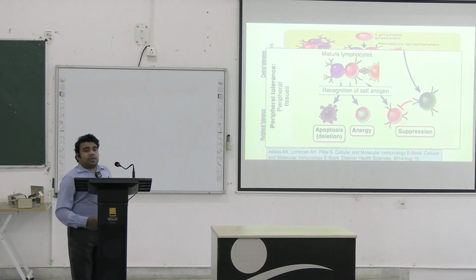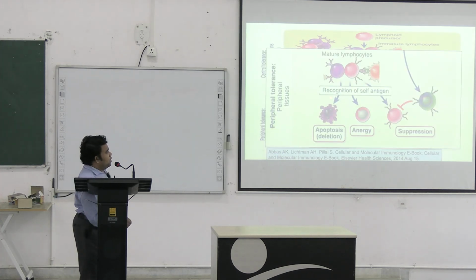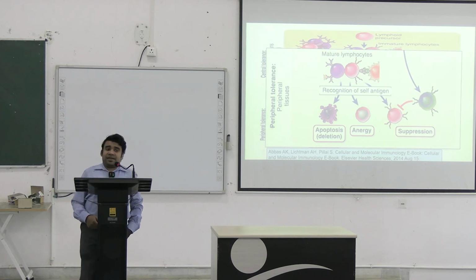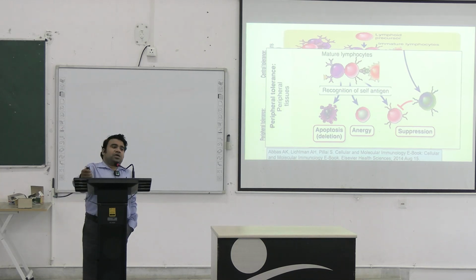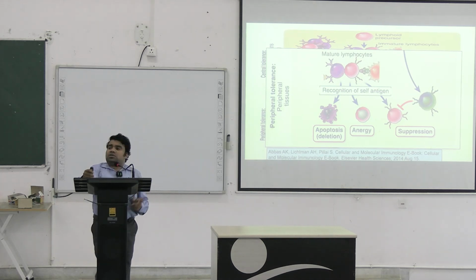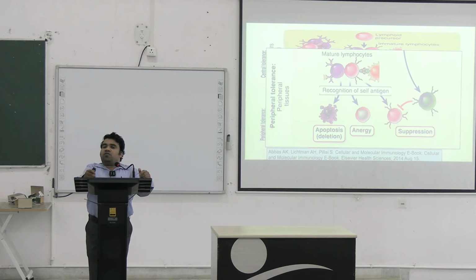Similarly, in the peripheral tissues, what will happen? Even then, if it recognizes self antigen, it will undergo apoptosis or anergy. What is anergy? Anergy is failure to act when required. That means a normal cell will act to produce either cytotoxic activity or antibodies. But these cells, because they recognize a self antigen in the peripheral tissue, will fail to act.